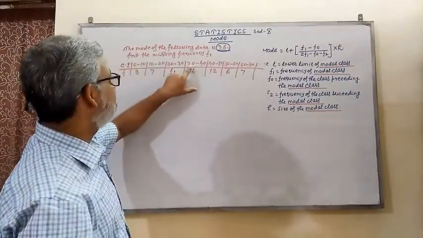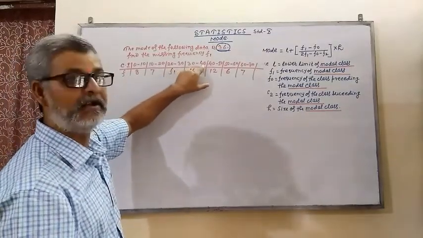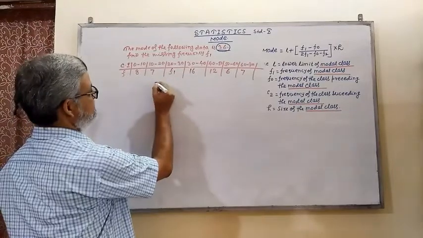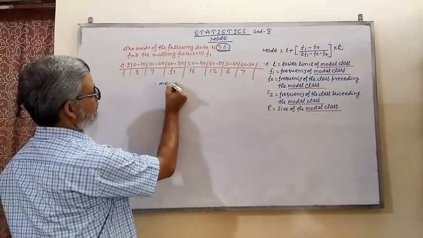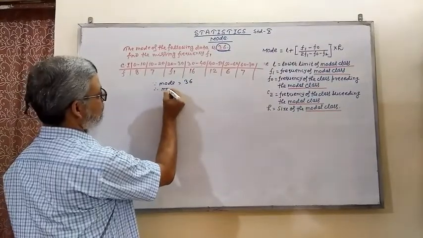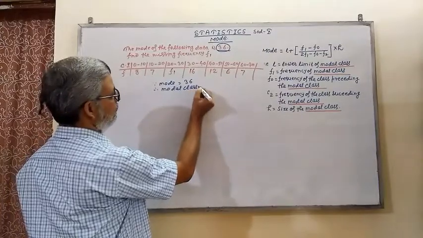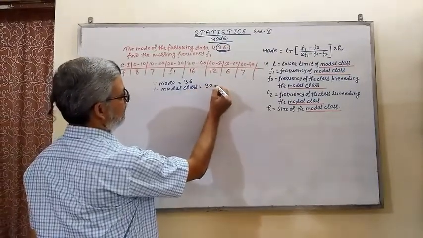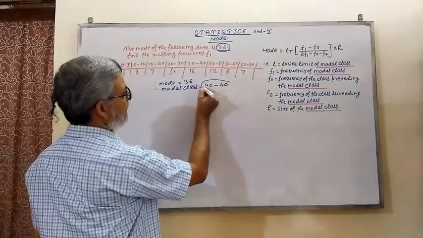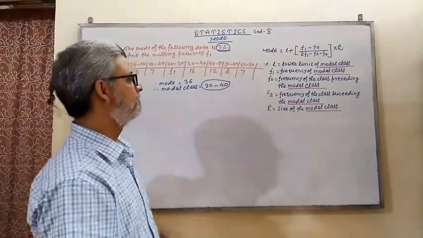Sorry, 36 lies between 30 to 40. So since mode is equal to 36, the modal class is 30 to 40. Now that the modal class is confirmed, we can find all the values.